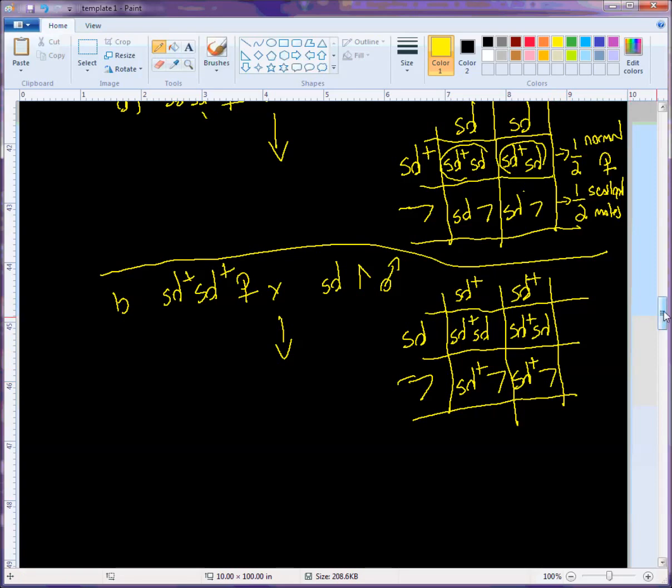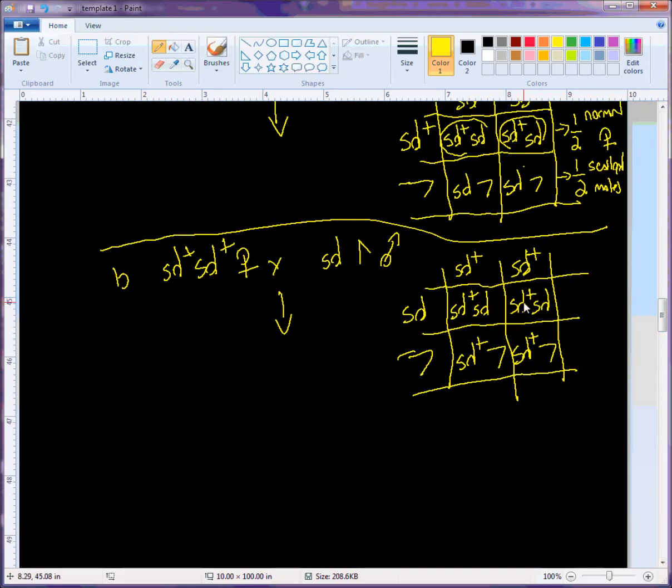So here again, all the females are heterozygous, so they're all normal. One half of the progeny will be normal females, and one half will be normal males. So all the flies are normal in this cross here.